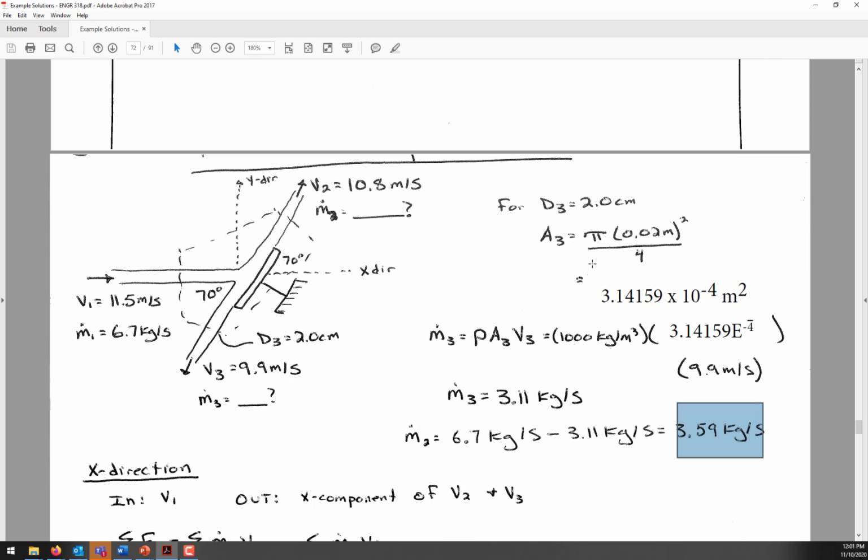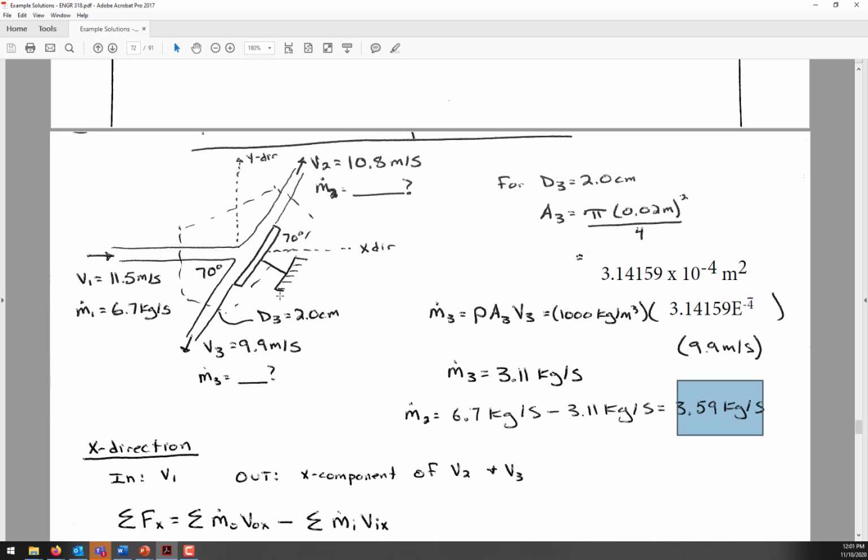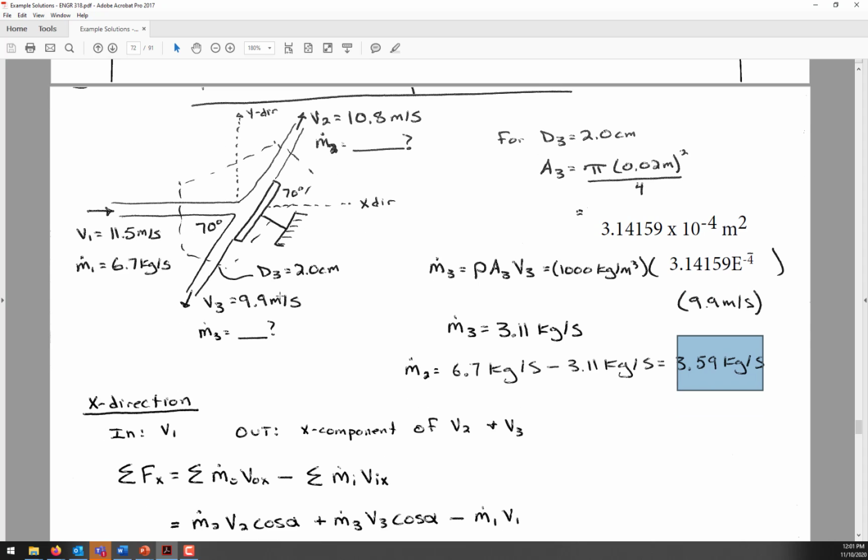Okay, so working in the X direction, the inflow is all in X, but in the outflow, we only have a component of its given velocity. So we're going to have to make use of this 70-degree angle that's specified. The overall momentum equation, which we've seen before, expands out to have more than one term for the outflow.